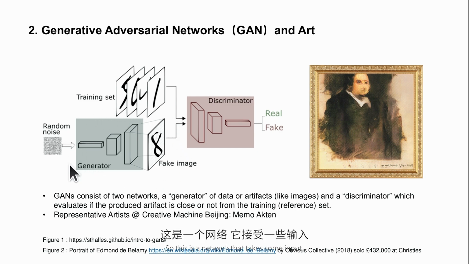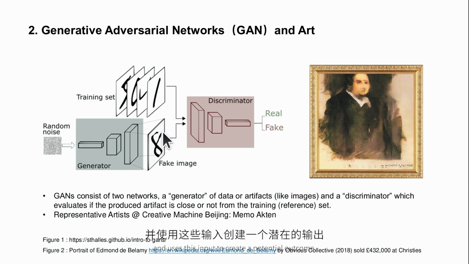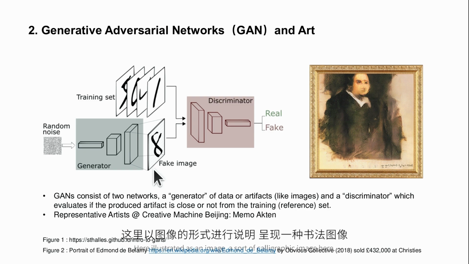So this is a network that takes some input, could be random noise, and has been trained on lots of examples before and used this input to create a potential outcome, here illustrated as an image, a sort of calligraphic image here.